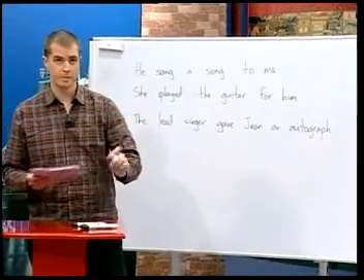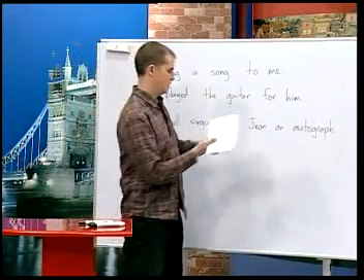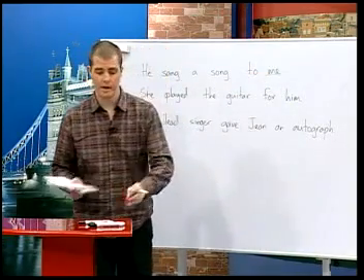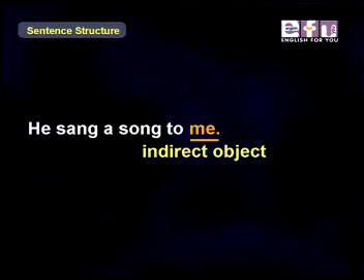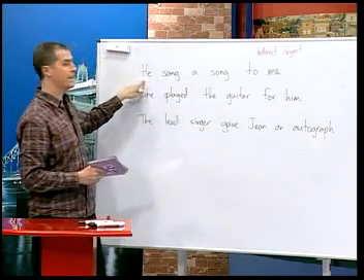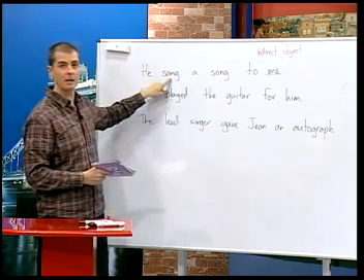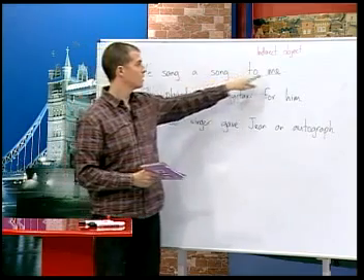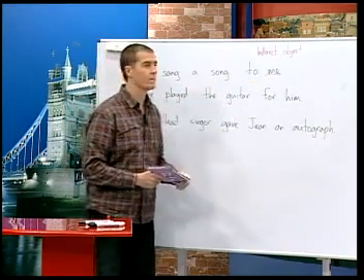In the first sentence, me is the indirect object. We have he, subject, sang, verb, song, direct object, to me, indirect object.